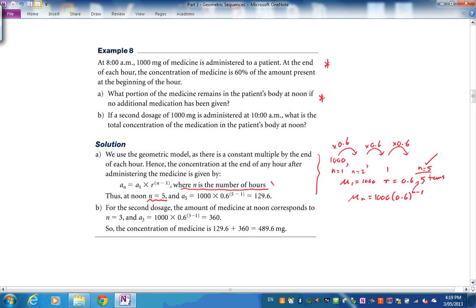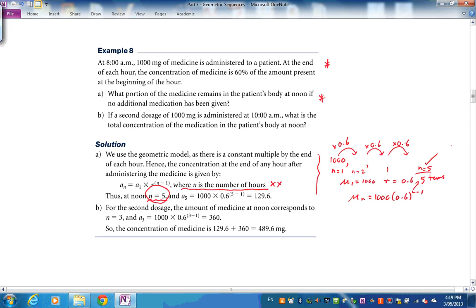So this is actually wrong here. n is not the number of hours, because 4 hours have passed, but the number of terms it should be. So actually noon is the 5th term. 4 hours later, but the first hour is term 1, and 4 hours later is term 5.